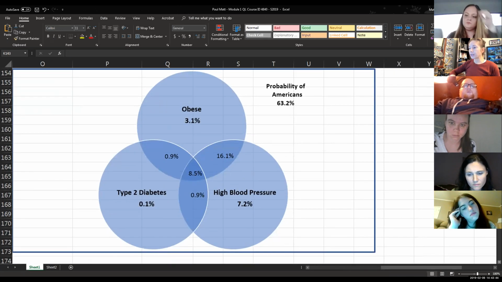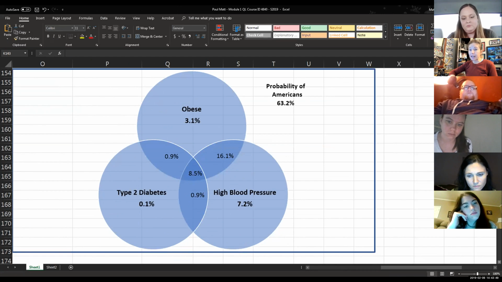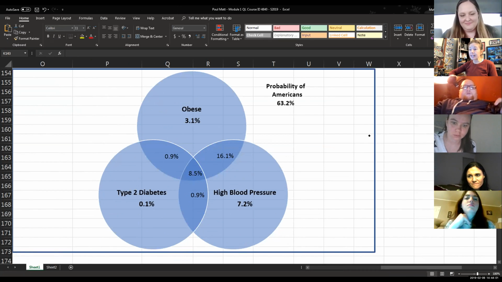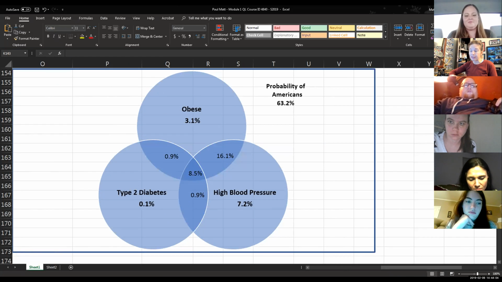All right, so here 63% of people don't have obesity, but that means that 37% of people do have obesity. And out of those 37%, 8.5% of them have all 3 of these.